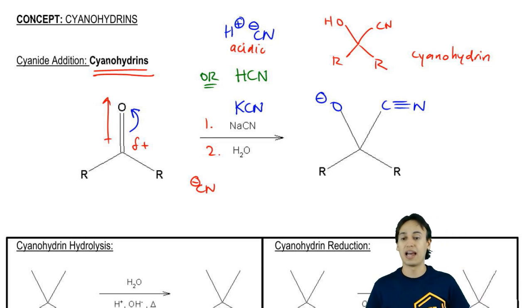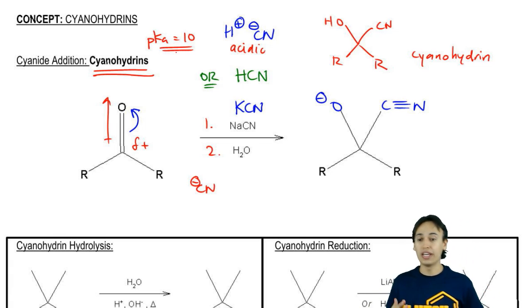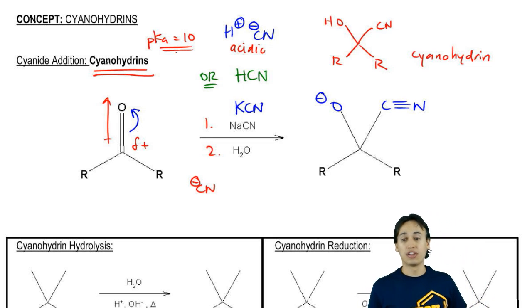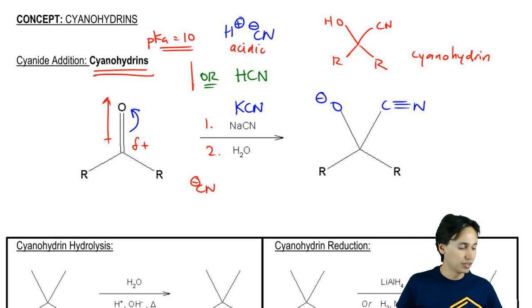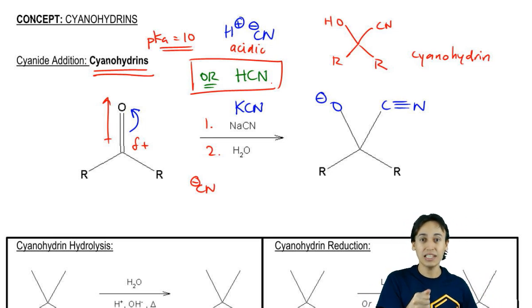It turns out that HCN, if you remember your pKa's way back in the day, has a pKa of about 10. So in normal aqueous environments, it's going to be in an ionized form. Now, the advantage of using HCN is that look what you got. You've got the CN negative, and you've also got your proton to protonate.